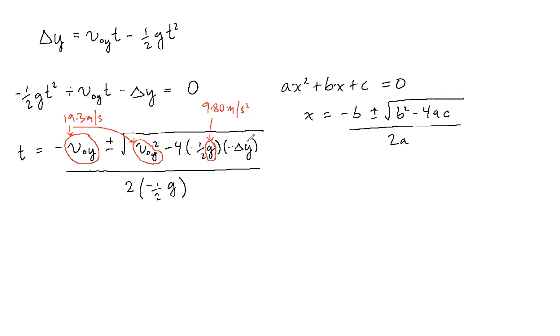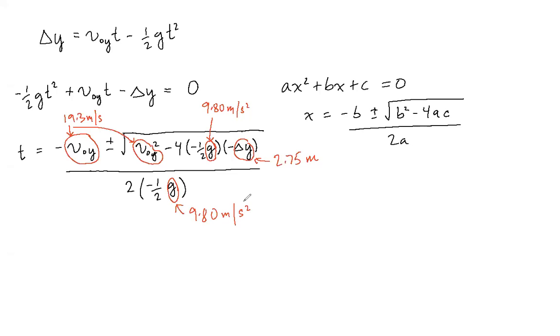Then for this guy, we plug in 2.75 meters. And then down here in the denominator, we plug in, again, 9.80 meters per second squared.